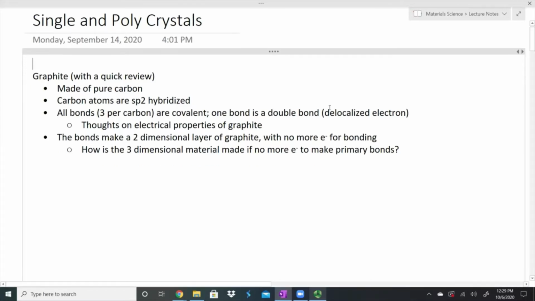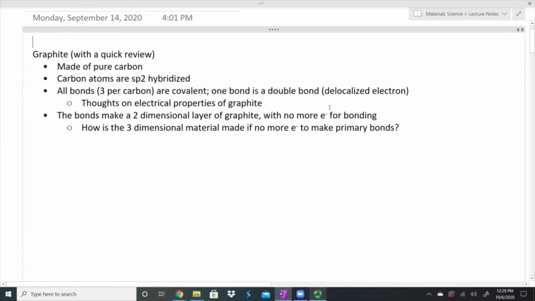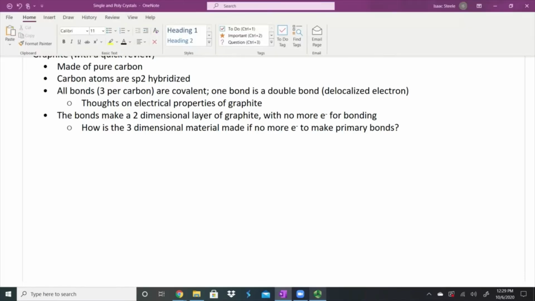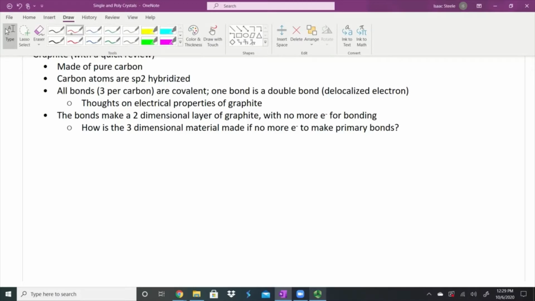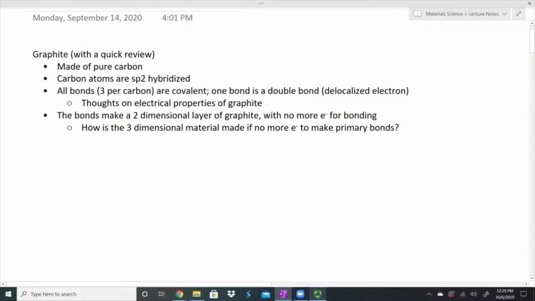I'm going to go ahead and start drawing a picture down here. But what I want to do is start talking about some of these things. That double bond is going to have a delocalized electron there, and so maybe that could get you thinking about what the electrical properties of graphite are compared to what diamond might be. They are made of the same material.